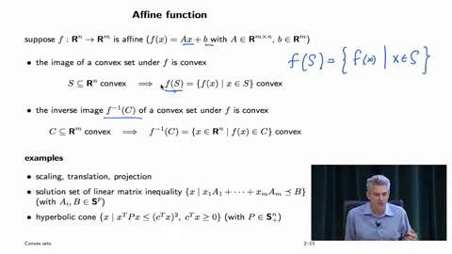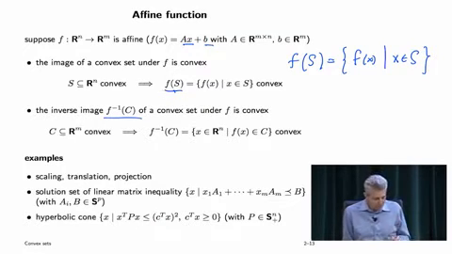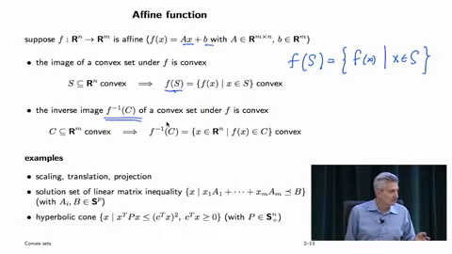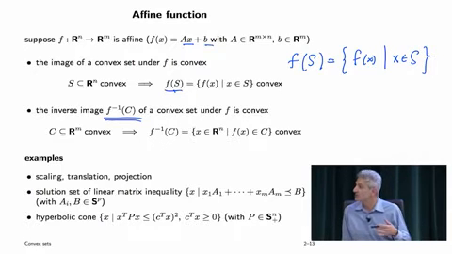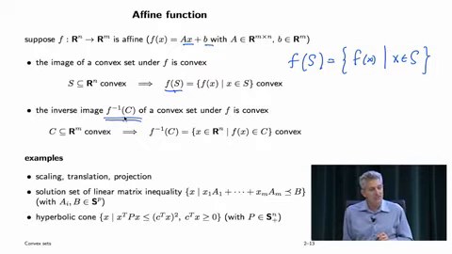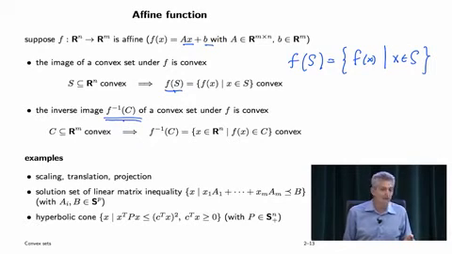But in fact, the inverse image of a set under a function is defined even when that function is not one-to-one. Those are the cases where the function does not have an inverse. So f inverse of C is defined for a set, even in cases when f is not invertible, so f inverse the function does not even exist.